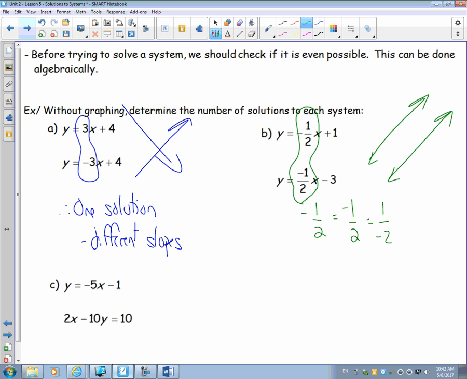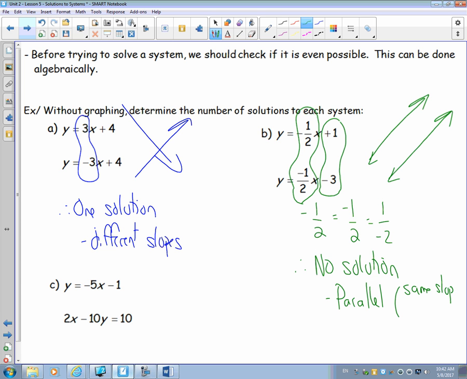The question is, are they on top of one another? And the fact that I have different y-intercepts means that they're just parallel. So if they're parallel, that means I have no solutions. I have two parallel lines, which means same slope, different y-intercepts.